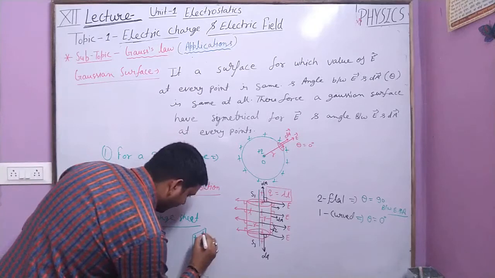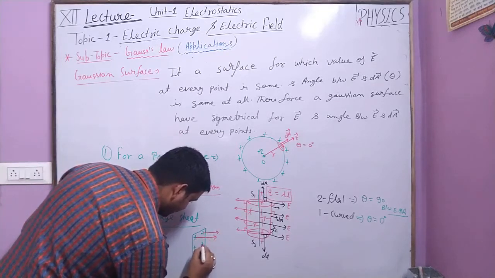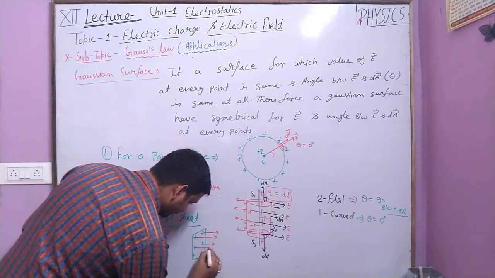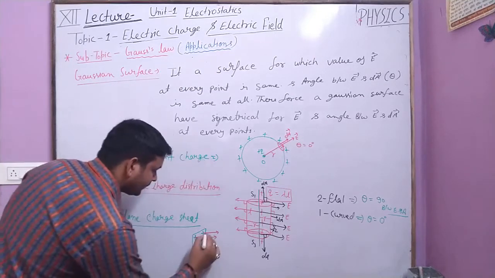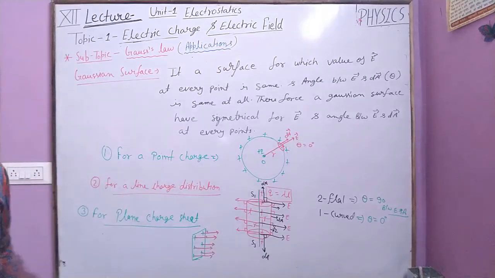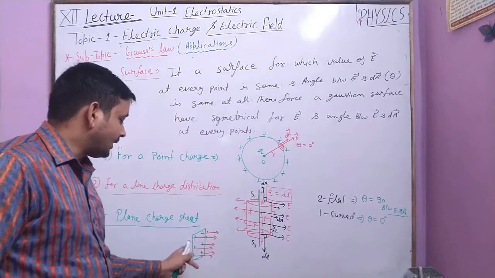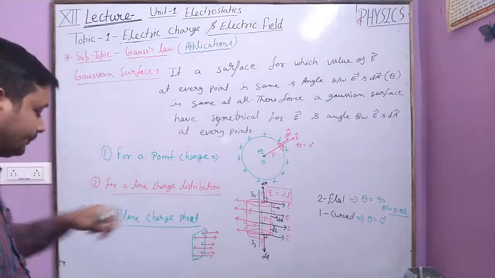Then you can find the electric field is produced from the sheet normally to the surface. So which kind of Gaussian surface is taken to calculate this?